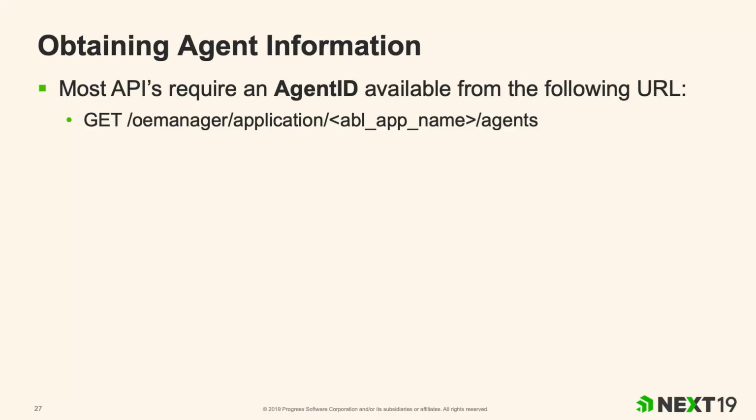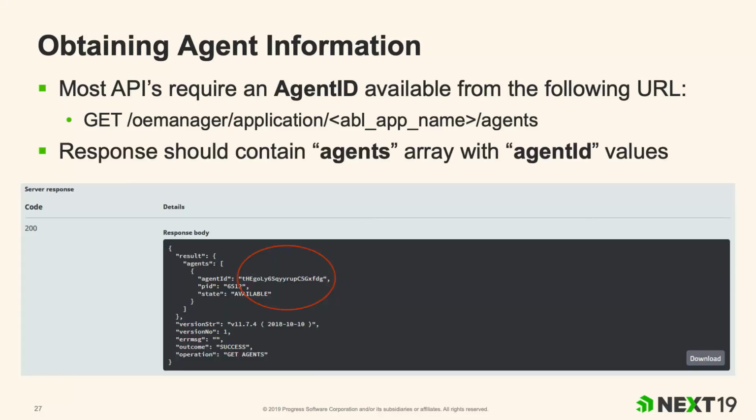So we'll look at an actual example. Most of the APIs that we need are going to need an agent ID. That agent ID can be a PID or a unique identifier that comes back from the agents endpoint. So this is what your response would look like. This might be a little easier to see once you download the slides. But in that payload, there's a result object. Then there's an agents array.